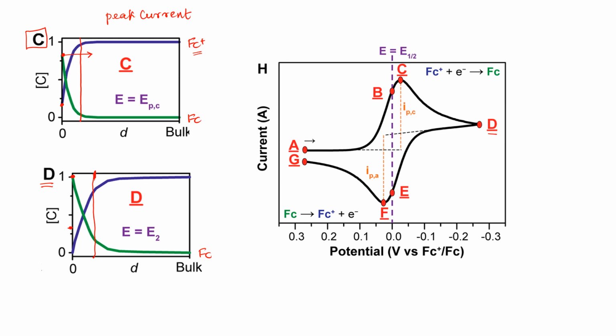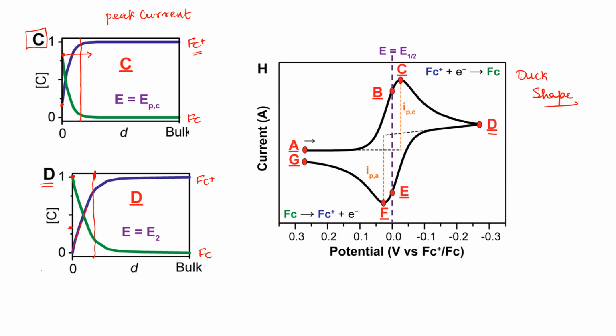That means almost all particles are Fc only, because it is on the surface, it is attached, and as it moves away, Fc plus increases in this direction. And yes, this is the explanation for the duck shape of the cyclic voltammetry.